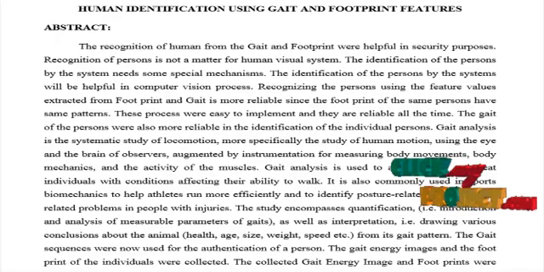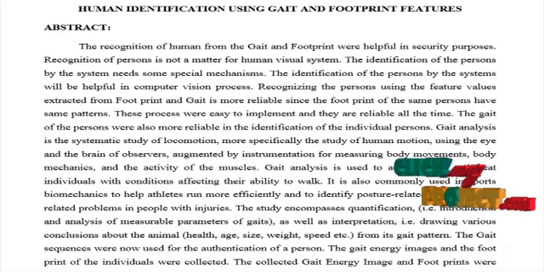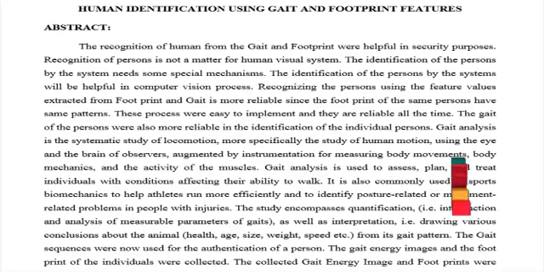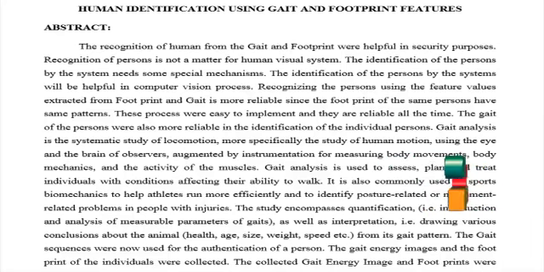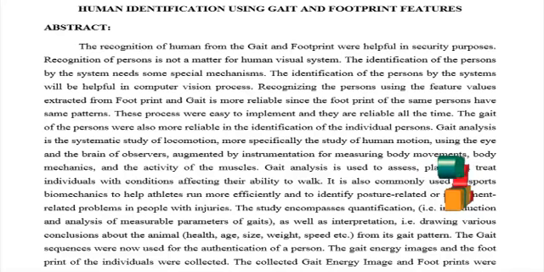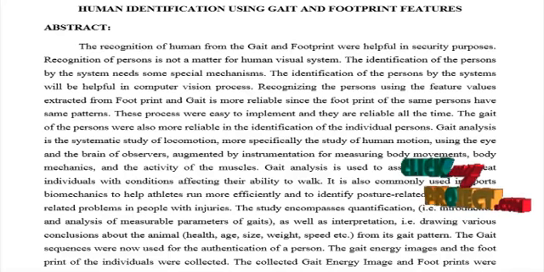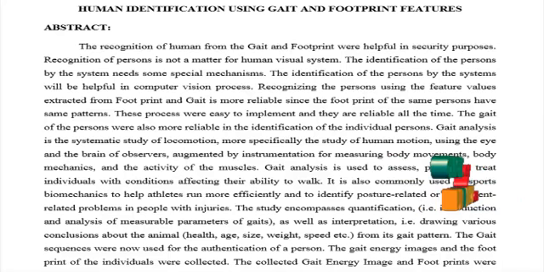It is also commonly used in sports biomechanics to help athletes perform more efficiently and to identify posture-related or movement-related problems in people with injuries. The study encompasses quantification, that is, the introduction and analysis of the measurable parameters of gait, as well as interpretation, that is, drawing various conclusions about the person from the gait patterns.